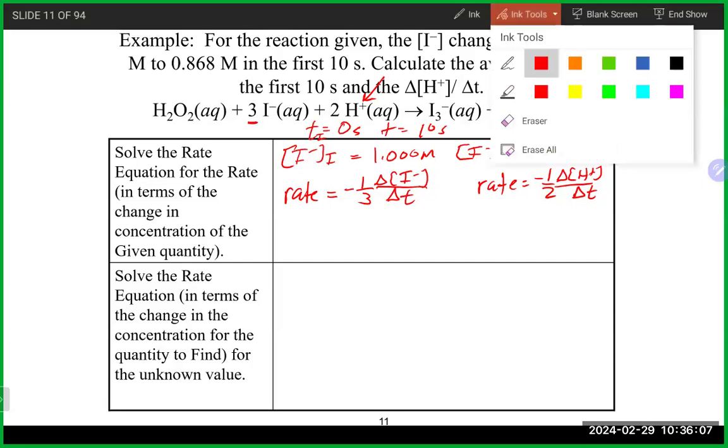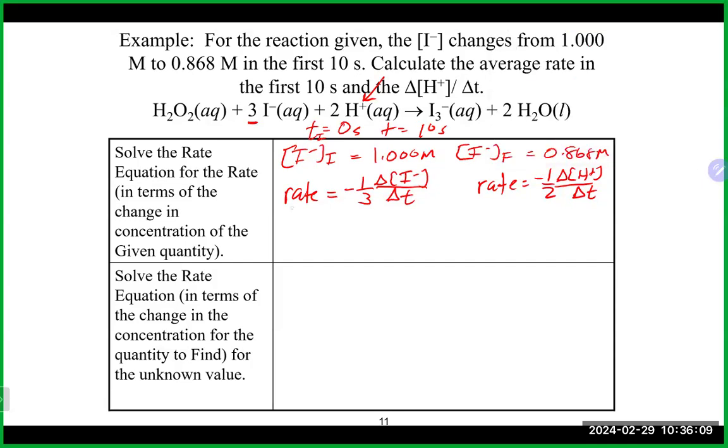And if we do that for I minus, our rate would equal -1/3. Remember that we do want to do final concentration minus initial concentration. So that would be 0.868 minus 1 molar divided by, again, 10 minus 0 seconds.